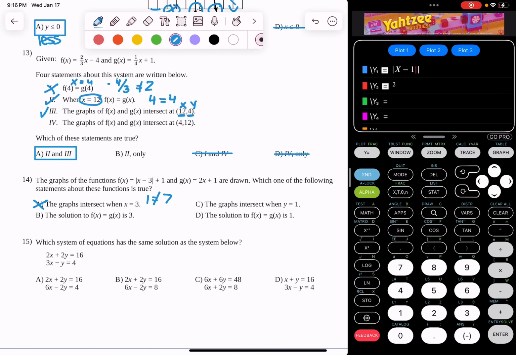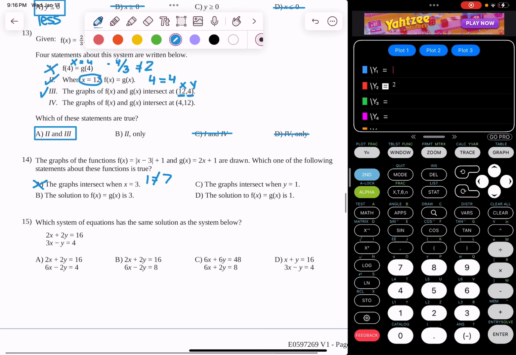All right, let's graph the first one, the f1. The f1 was the absolute value of x minus 3, plus 1. All right, and now let's graph the second one, the g1, 2x plus 1.